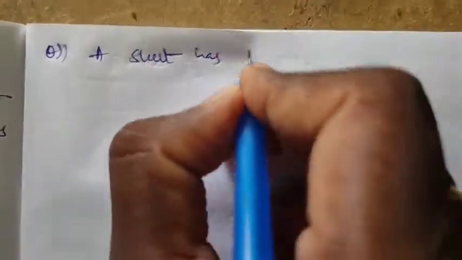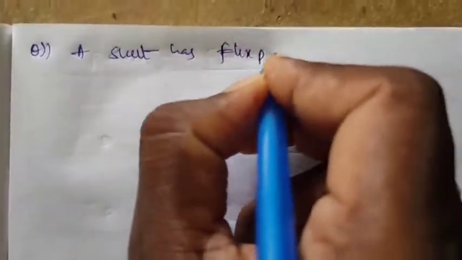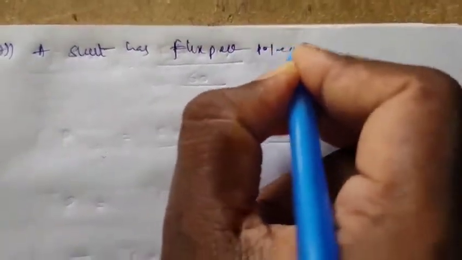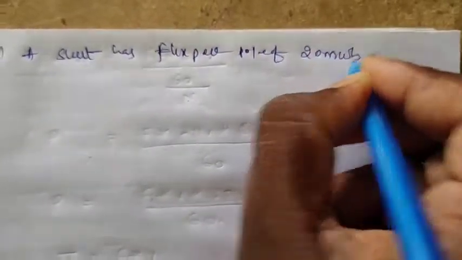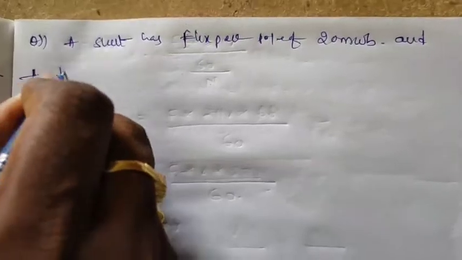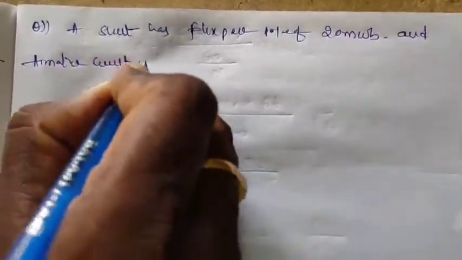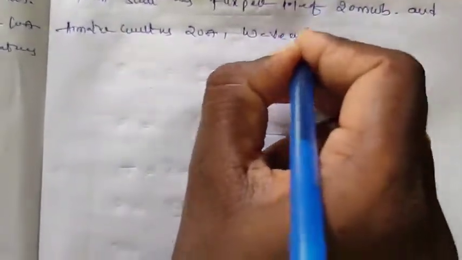So next, another problem. A shunt motor has flux per pole of 20 milliwebers and armature current of 20 amperes, with wave winding.